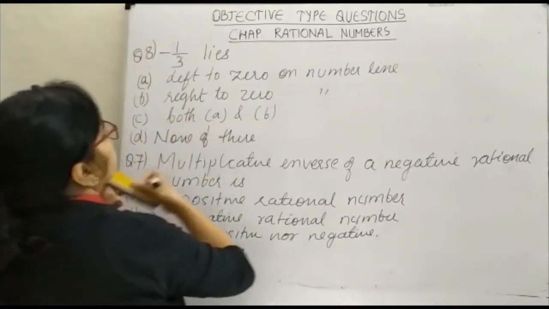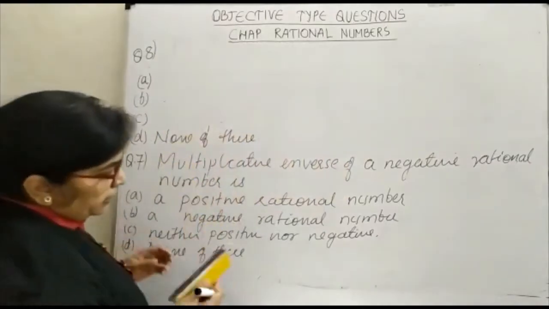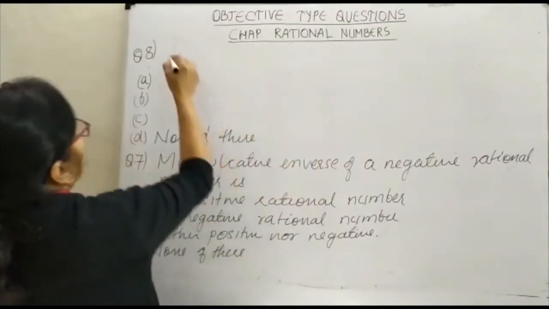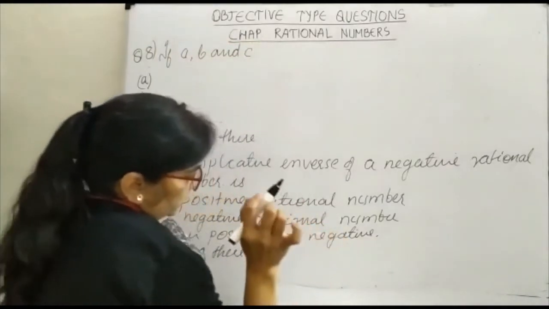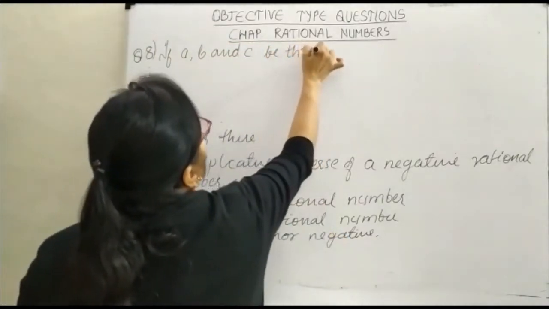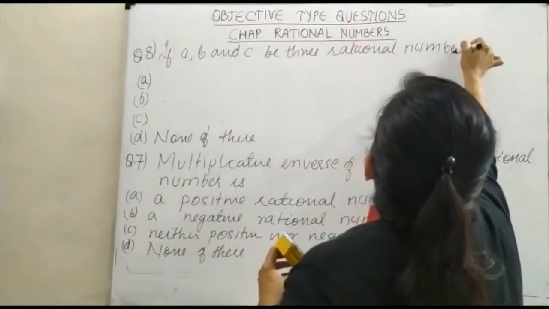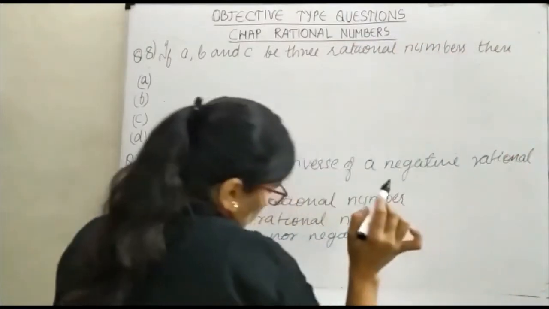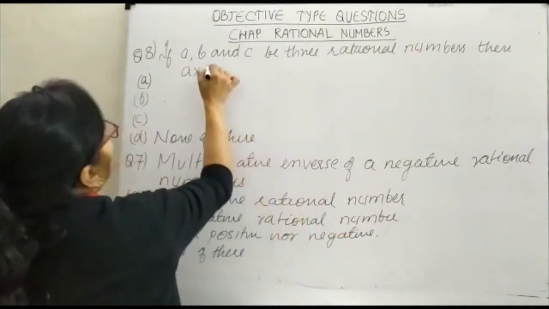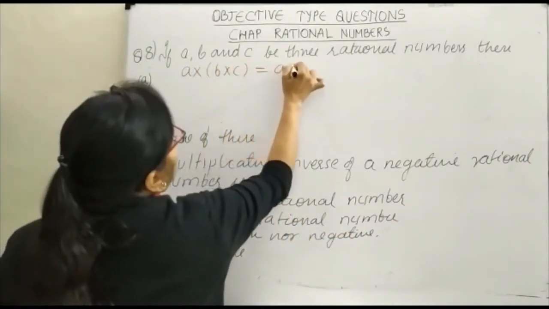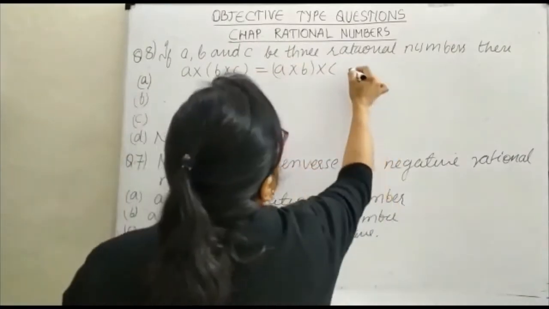Now we are moving on to question number 8. Your question number 8 is: if A, B and C be three rational numbers, then A into B into C is equal to A into B into C. You have to name this property.